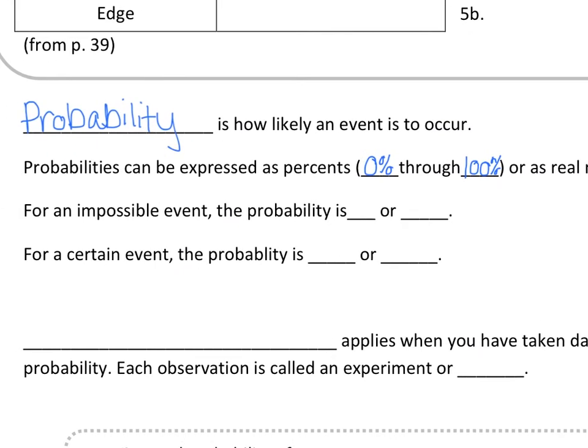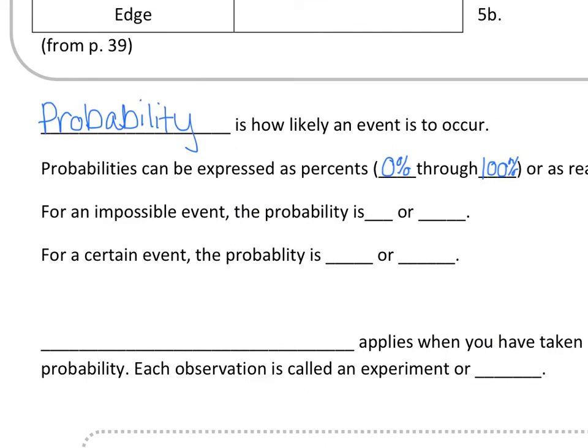For an impossible event, so it will never occur, the probability is 0 or 0%. Okay, so this is our real number, this is our percent. For a certain event, so it's definitely going to happen, no chance that it's not going to happen, our probability, we would say, is 1 or 100%.